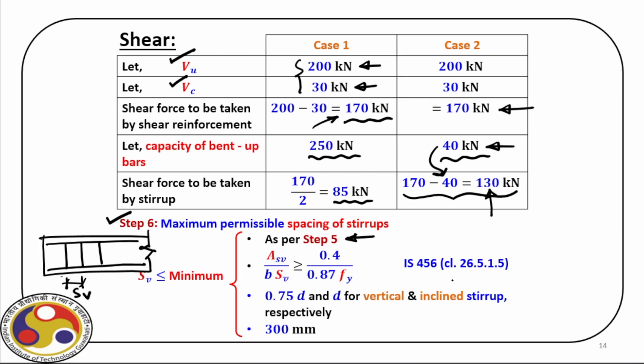Then using this expression as per code clause mentioned here, there is a limit of 0.75d and d for vertical or inclined stirrup, and then finally 300 millimeter. So minimum of these 4 possibilities we have to provide as the spacing of the stirrup, right? So it means that the maximum spacing of the stirrup is 300 millimeter. We cannot go beyond that.